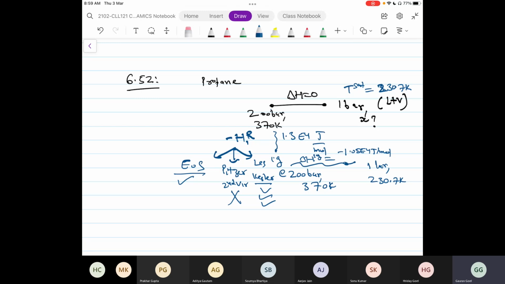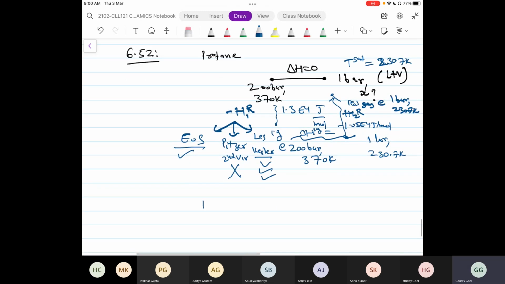Okay. And now you go from ideal gas at these conditions to a real gas at 1 bar and 230.7 Kelvin by adding the residual enthalpy, H2R.